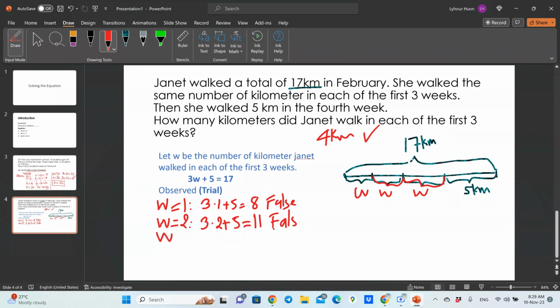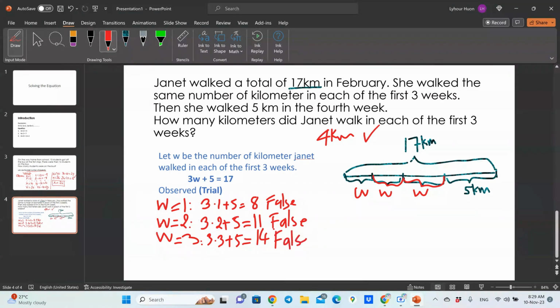Now when w equal to 3, 3 times 3 equals 9, plus 5 equals 14. Still not the answer we want, so still false.